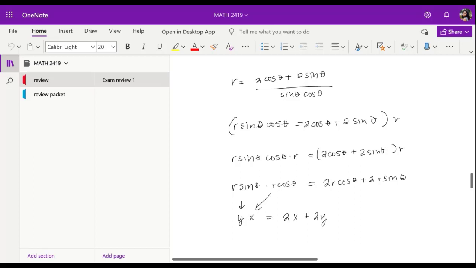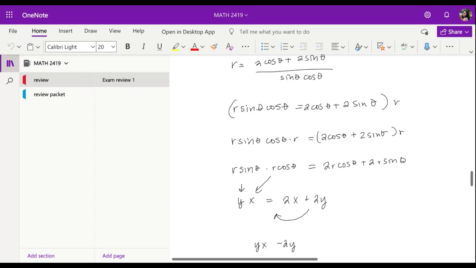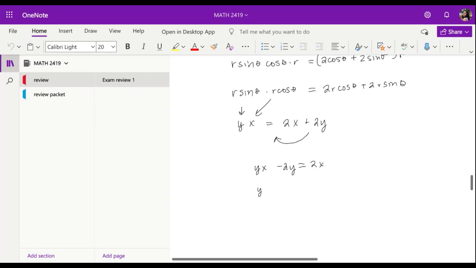You can bring over the y to the other side. So let's do that. We have yx minus 2y equals 2x. And if we take out the y, we have y times (x minus 2) equals 2x.